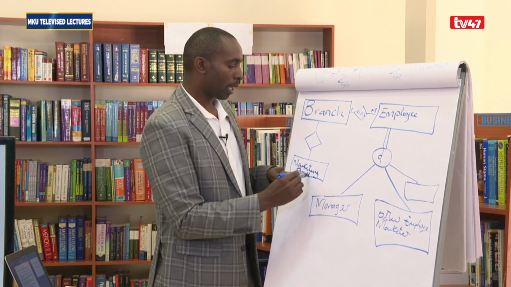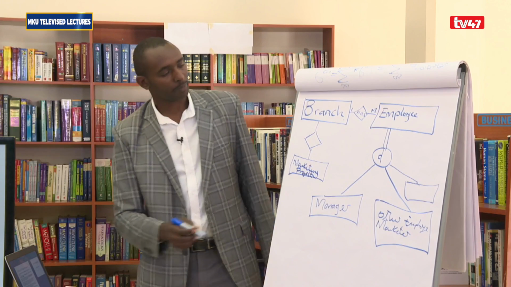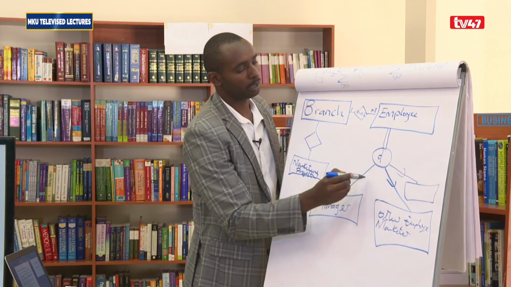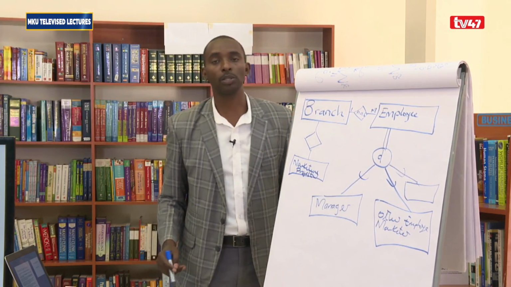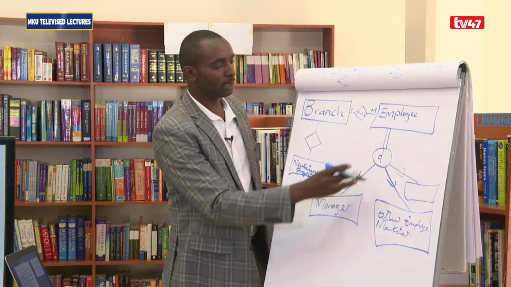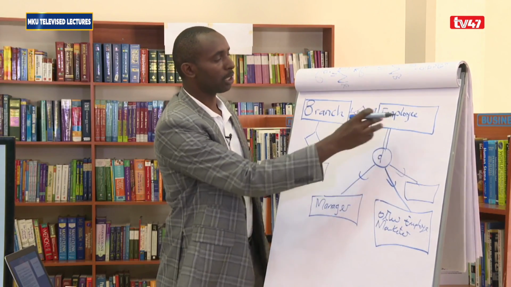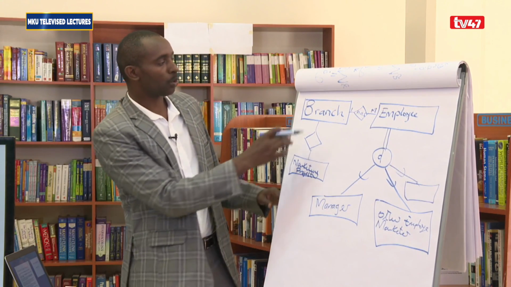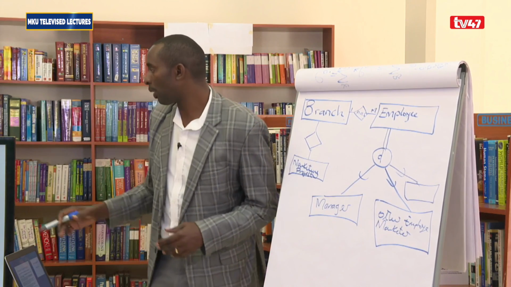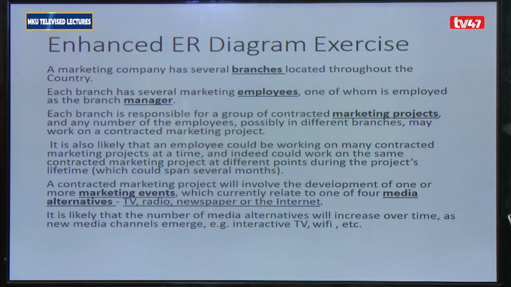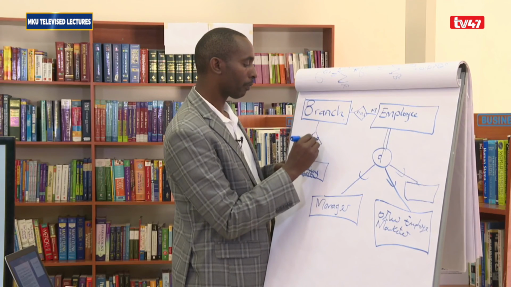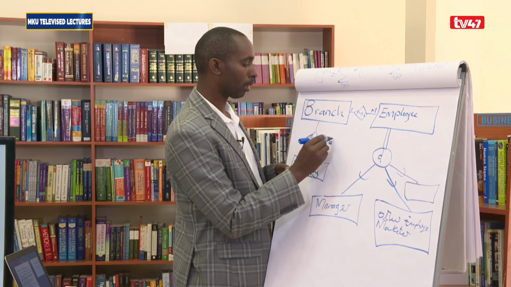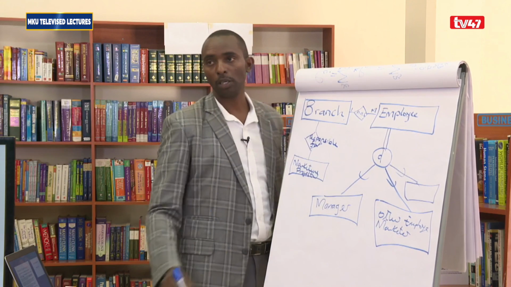Sorry, I forgot this, we need to have that so that we show that these are subclasses of this particular superclass. So from what we can see, each branch is responsible for a group of contracted marketing projects. We can say responsible for.